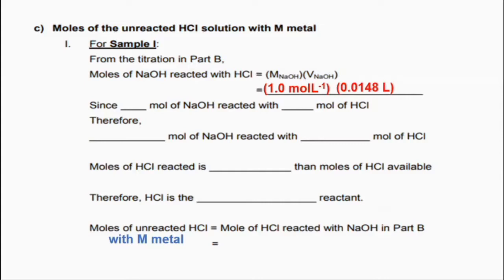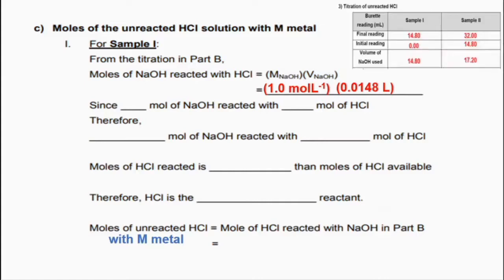For those who are still wondering why I'm using 0.0148 liters, this was the volume of sodium hydroxide used for titration for sample 1, 14.8 milliliters. So that's why in the calculation we need to use 0.0148 liters, since we are calculating for sample 1.